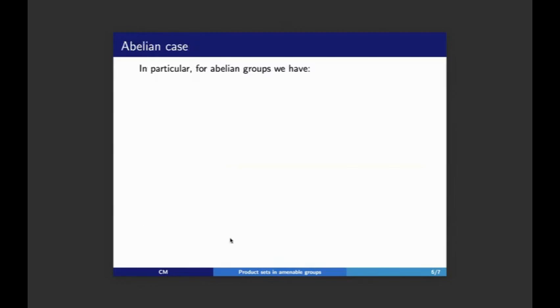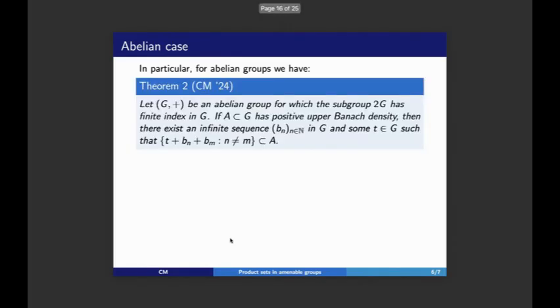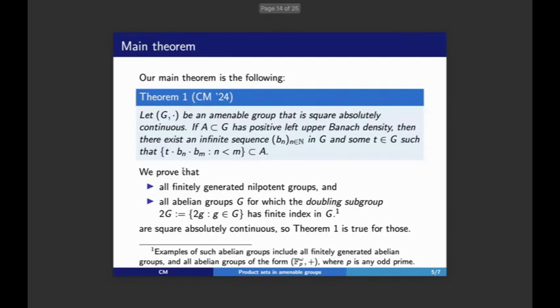Let us now state the special case of our theorem for abelian groups. For abelian groups, the theorem reads as follows. Given an abelian group G where 2G has finite index in G and a set A in G which has positive upper Banach density, we can always guarantee the existence of an infinite sequence B_n and some t in G, so that t plus b_n plus b_m, where n is different than m, is contained in A. Now here one should observe that for general amenable groups, our theorem has the following form.